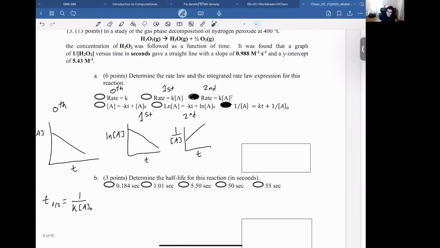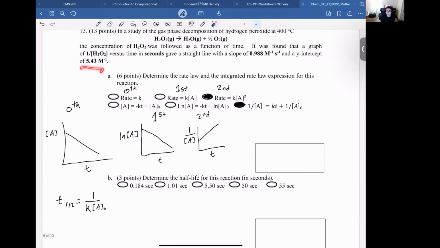They tell you that the y-intercept is this. They tell you that the slope is 0.988. Well, how do you do this question? Remember, the graph that they're giving you by words is 1 over the concentration of A versus time. So this is the equation of the line that you're looking at. Think of this as y equals mx plus b.